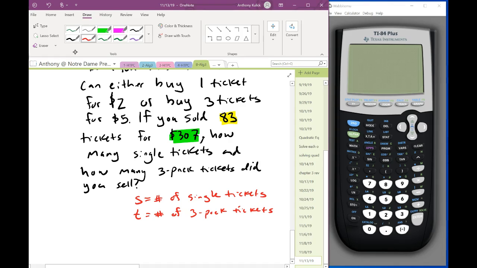Everybody agree that those are two separate totals? So those are going to be used in two separate equations. Hopefully it's easy to see that. What kind of equation can I write with that 83 tickets sold?